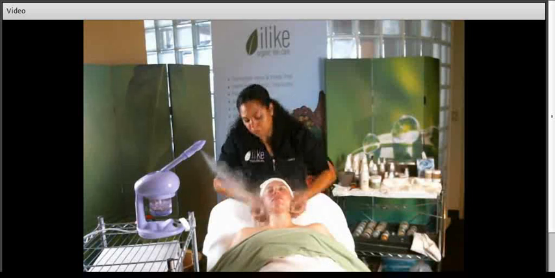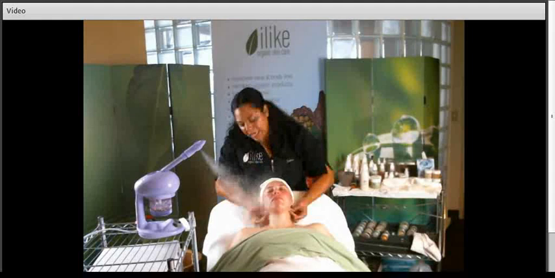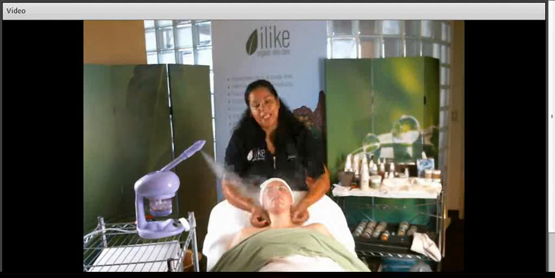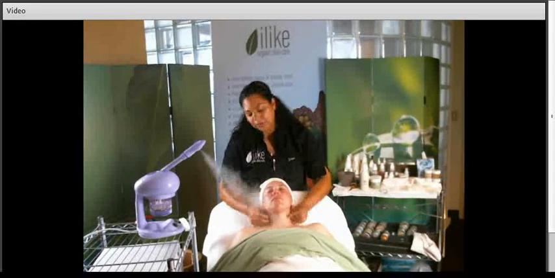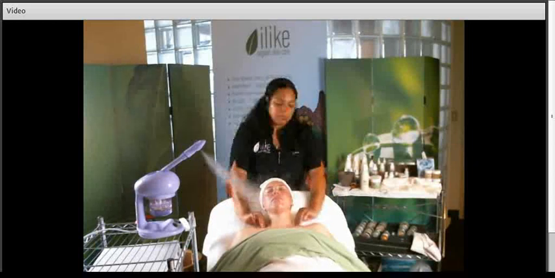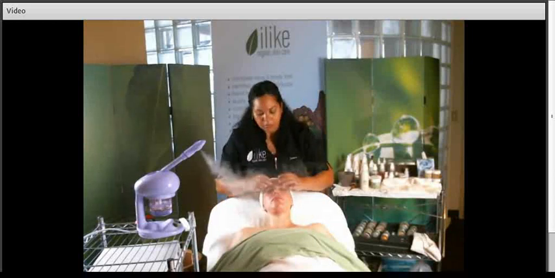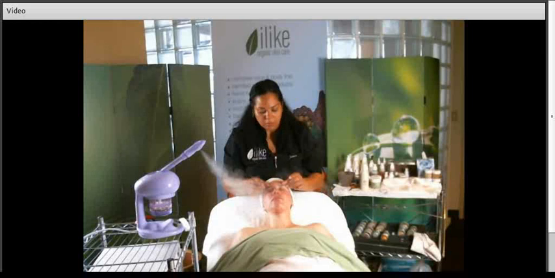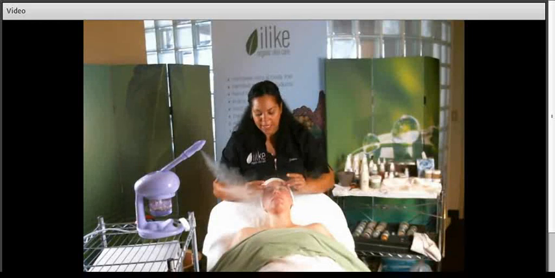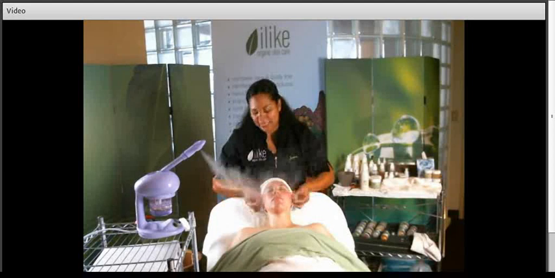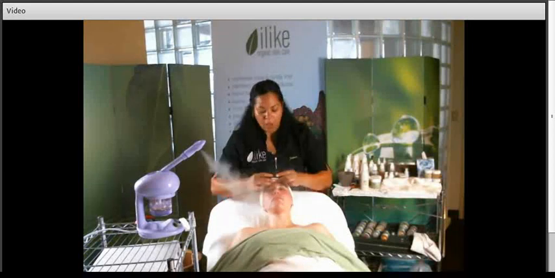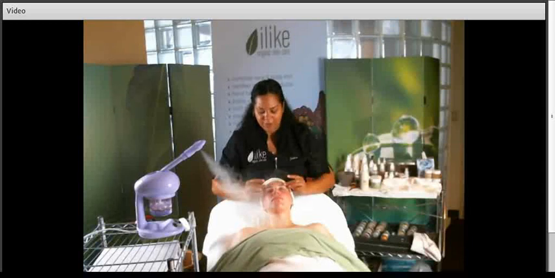Now for each section, we're going to bring it all the way down to the neck and then clear it. On the forehead, 2 to 3 lines depending on how large the client's forehead is. And always bring it all the way to the hairline. If you don't, it'll get stuck because the lymph follows right along the hairline.